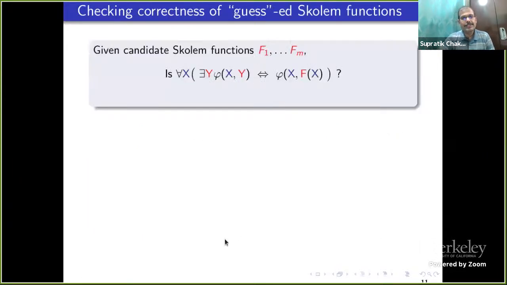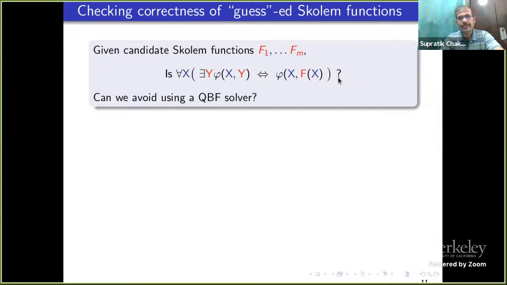So now the question is that, now that I have obtained these guessed Skolem functions, are they correct? And if they're not correct, how do I repair them? So given these functions, I need to check whether our definition of the Skolem function works.